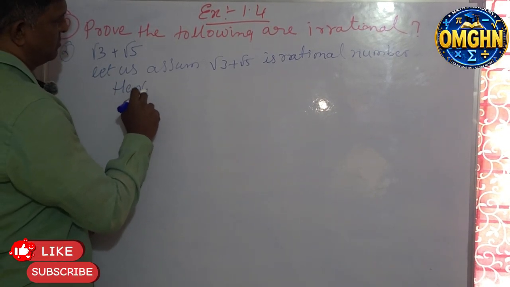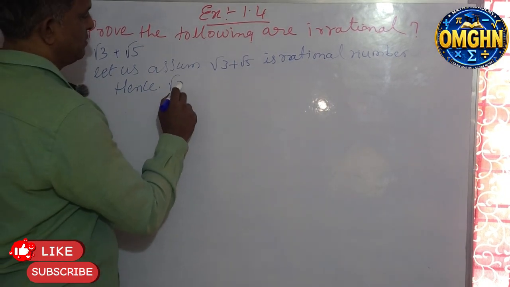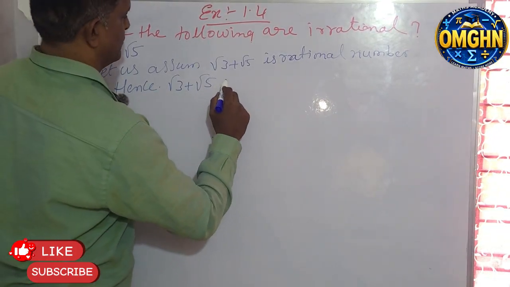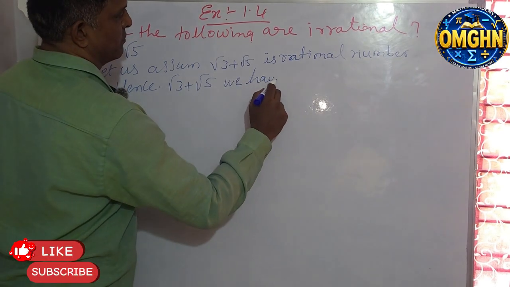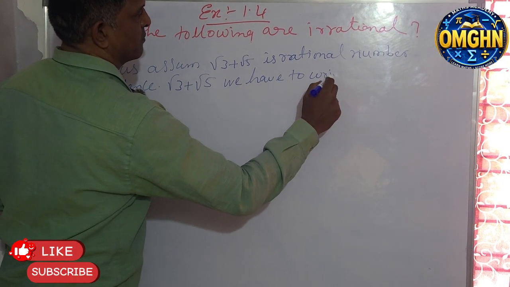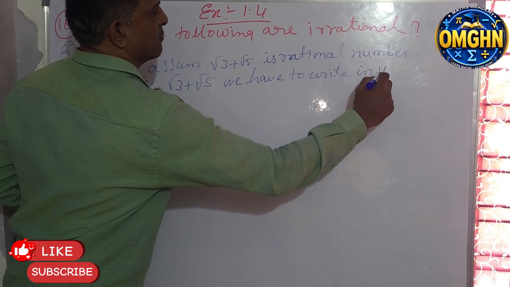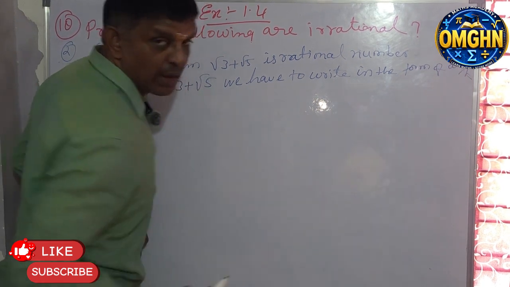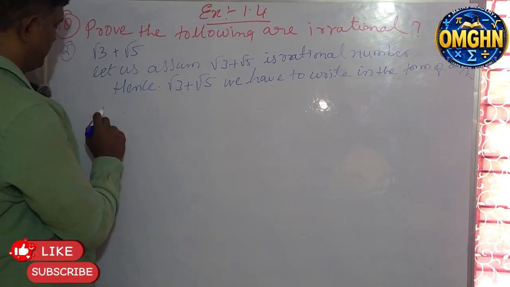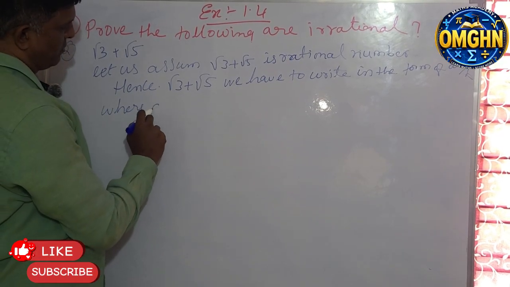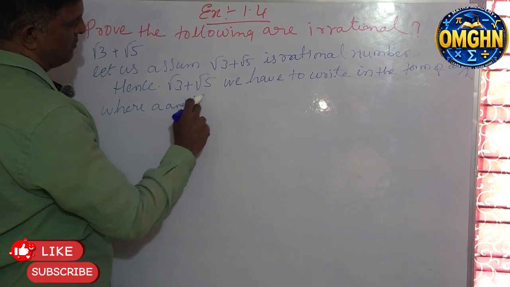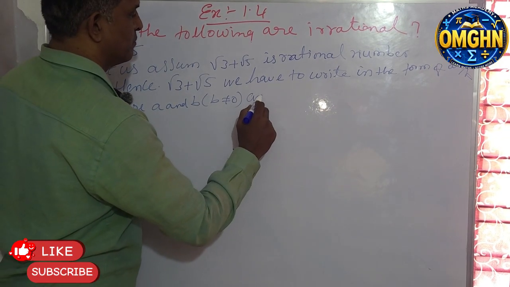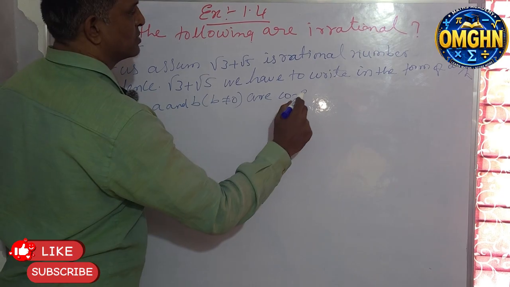Hence root 3 plus root 5 we have to write in the form of a by b, where a and b, b not equal to 0, are co-primes.